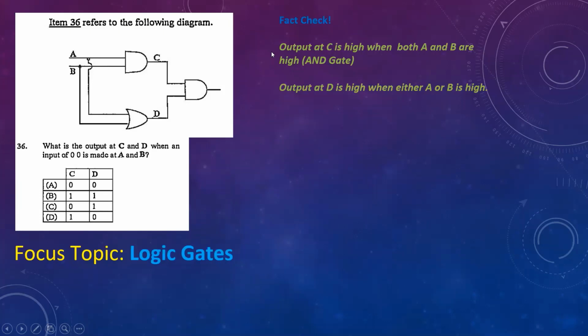And so we know that C can only be high if A and B are high, and D can be high when either A or B are high. So if A and B are both 0, then we do not expect to get a high at either C or D. And so your answer should be A.